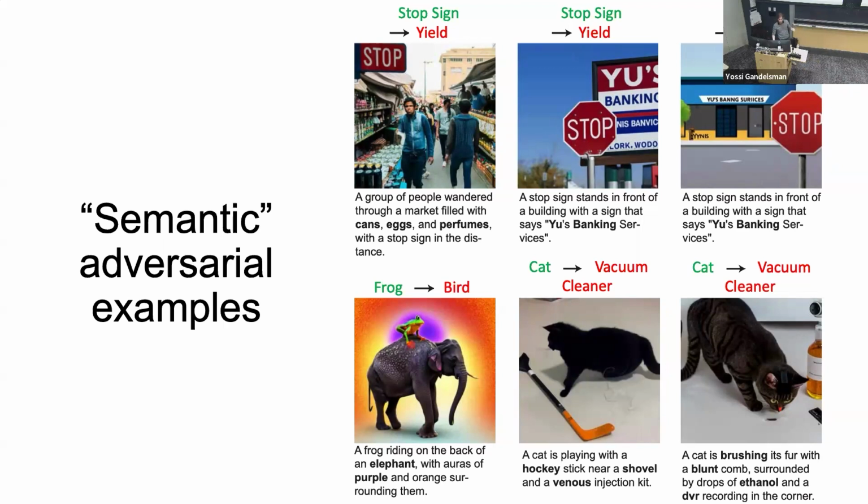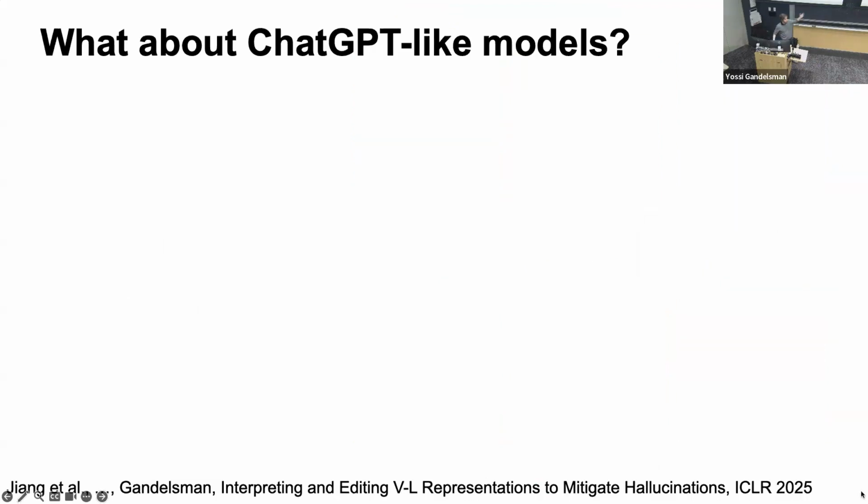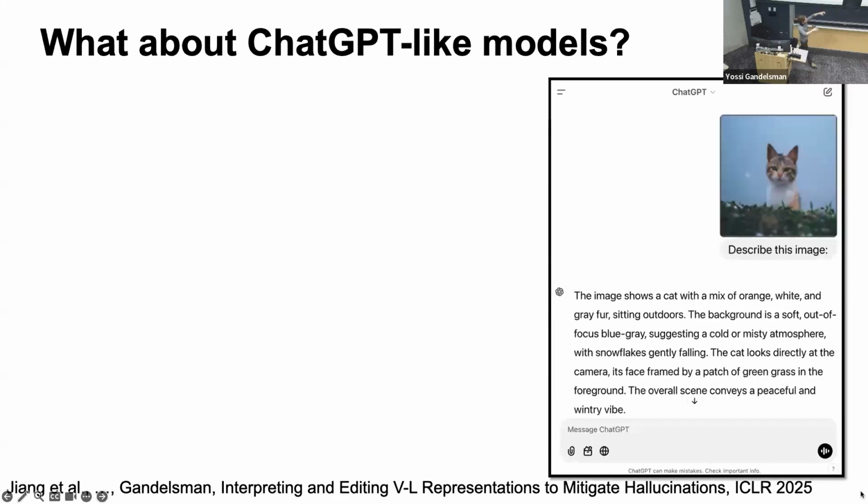But there is another type of vision and language model, which is much closer to what you're probably familiar with, the ChatGPT ones, right? The models that take an input image, you type in "describe the image", and it gives you this amazing description that is much better than what you can get with Clip.